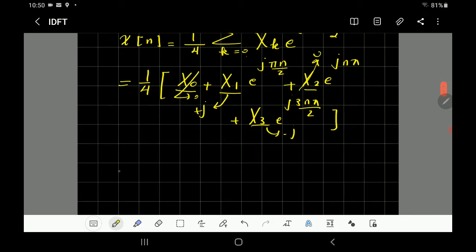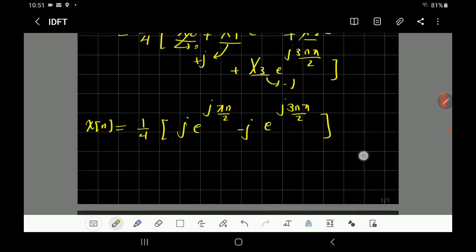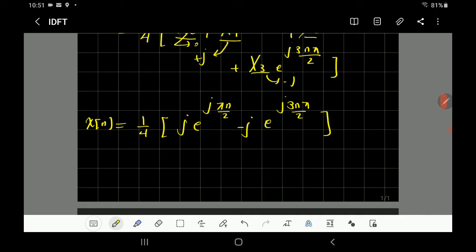So let me write it down here. x[n] is equal to 1/4 times X[1], which is j, times e to the power j pi n over 2, plus 0, plus X[3], which is minus j, times e to the power j 3 n pi over 2. So that's the expression for x[n].